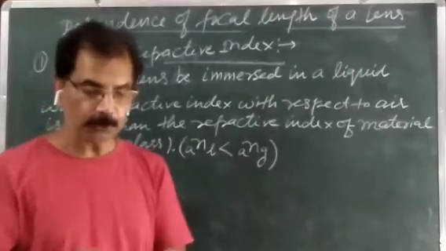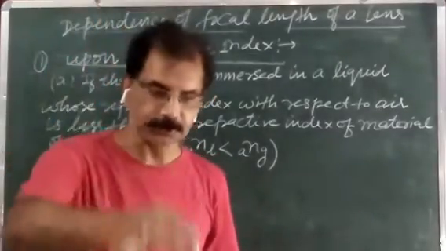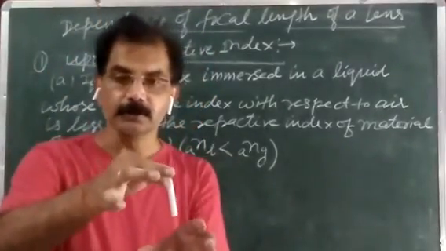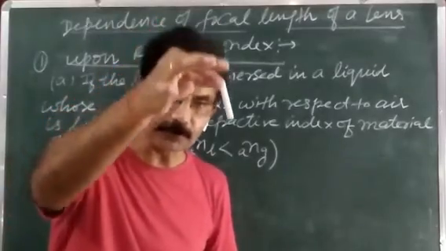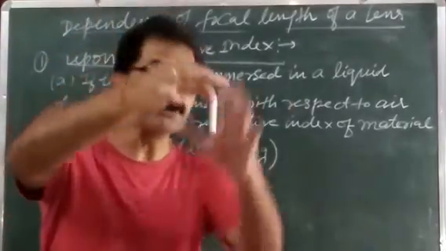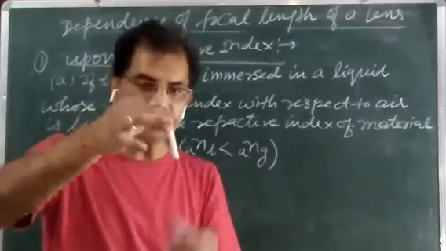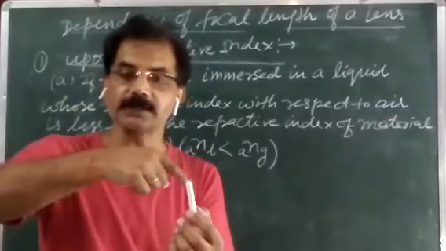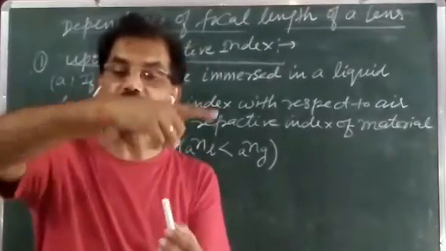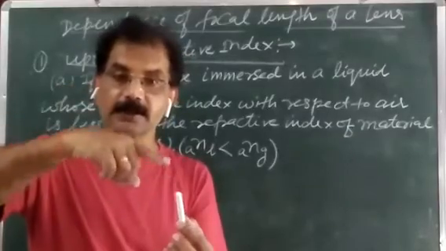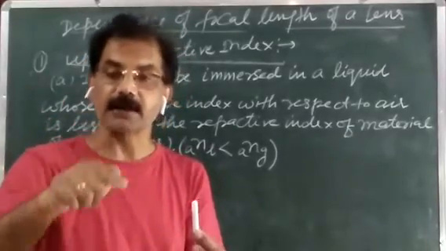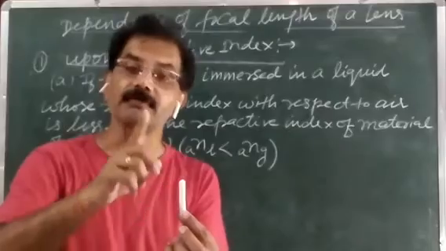First, suppose the lens is immersed in a liquid, लेंस को हम ऐसे किसी लिक्विड में इमर्स कर दें या ऐसे किसी मीडियम में रख दें, in which the refractive index of liquid with respect to air is less than the refractive index of material of lens.